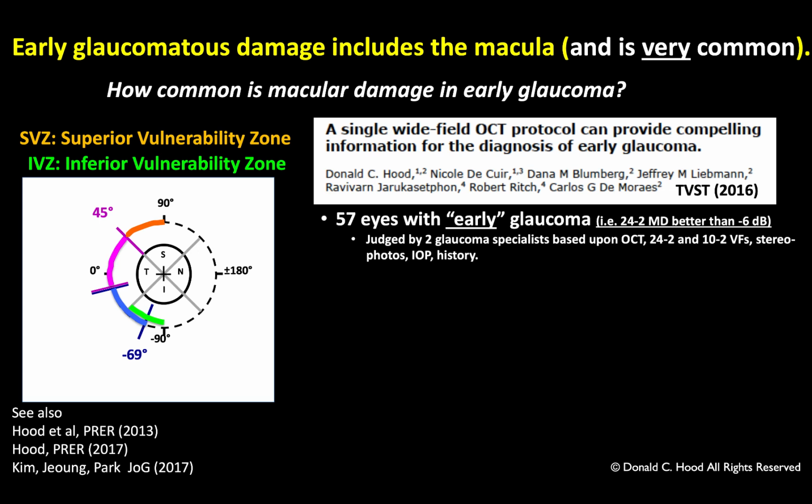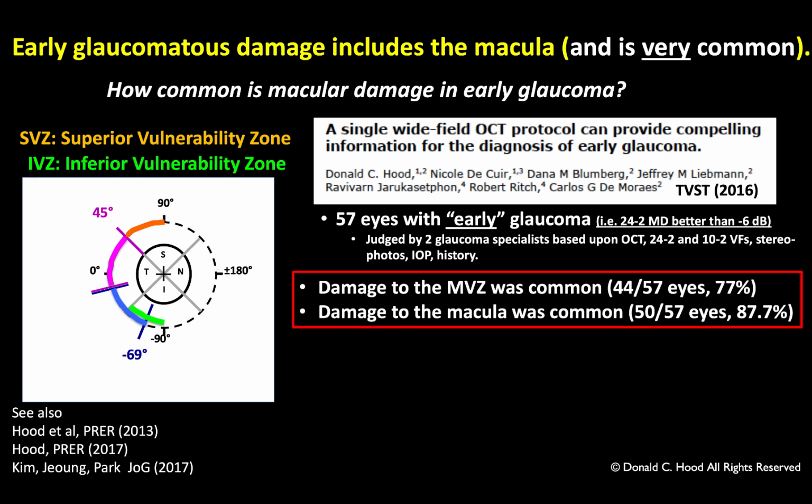So how common? Well, here's a study we did a couple of years ago in which we had 57 eyes with early glaucoma. Here I'm defining early glaucoma in the traditional way based on visual fields, a 24-2 mean deviation better than -6 dB. In this study, we gave glaucoma specialists all the information we had, and they judged whether these eyes had glaucoma or not. 57 did.